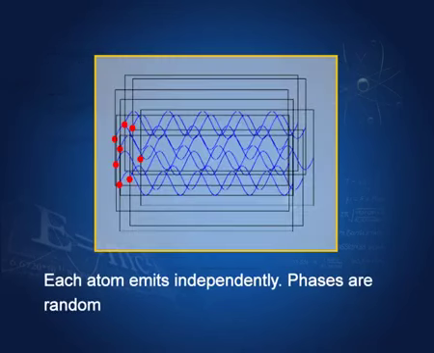Let me go back. You see, these are atoms emitting light. There is no relation between one atom and the other as they emit light. They emit light independently, and therefore, the phases are also random. So, what happens?